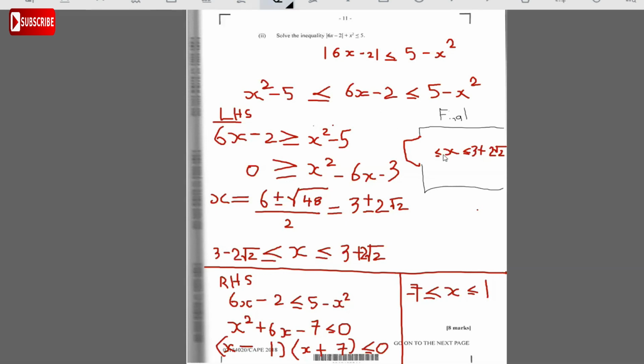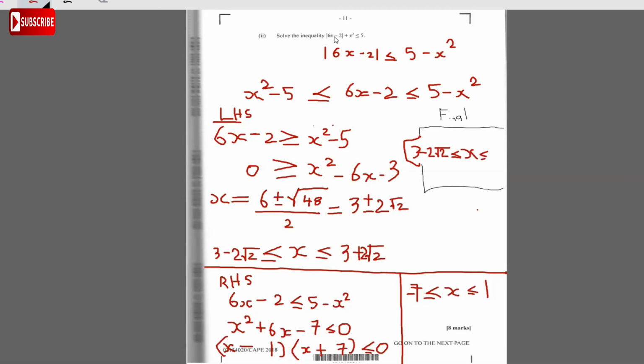So in this case, that's why it's good to check your answer. What we're getting when we check is that X is greater than or equal to 3 minus 2 root 2, and it's less than or equal to, let's check if 1 is good.